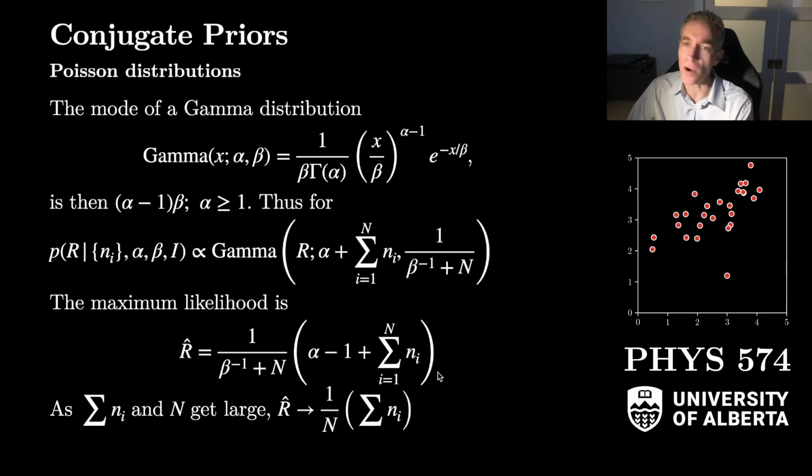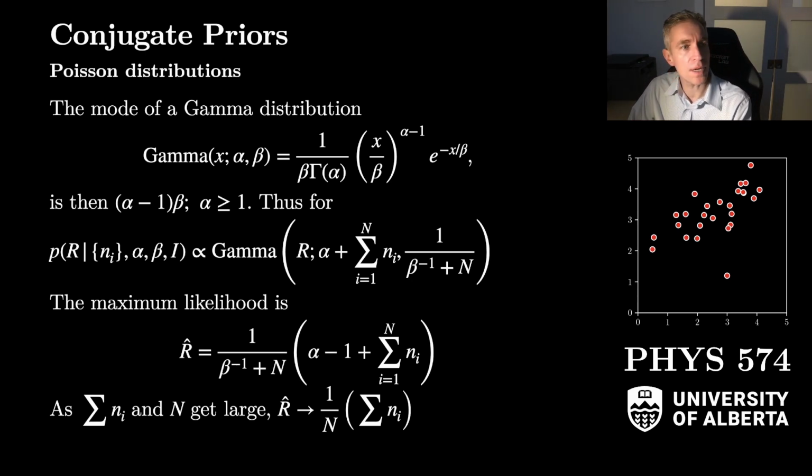And that gives us our estimate of the maximum likelihood given some data and our parameters here. So this functional form immediately gives us our peak, and as the sum of the number of binned data gets large and the number of bins get large, then this converges to the original estimate with a uniform prior distribution.